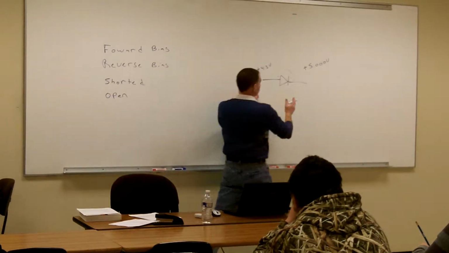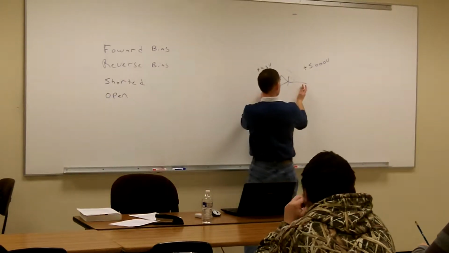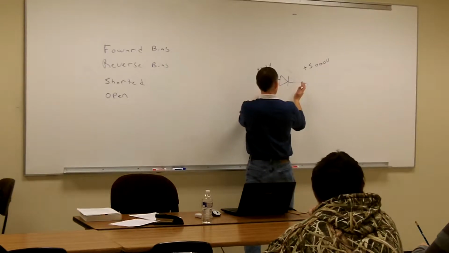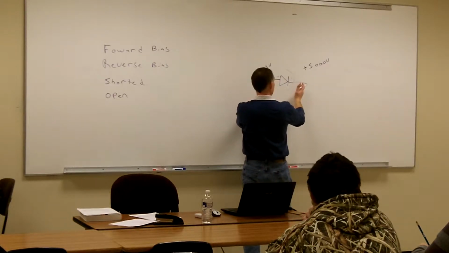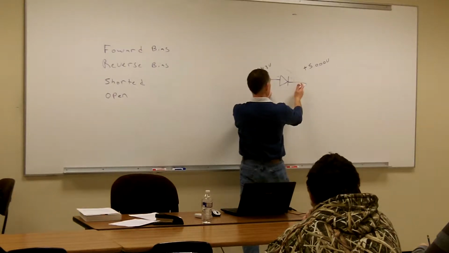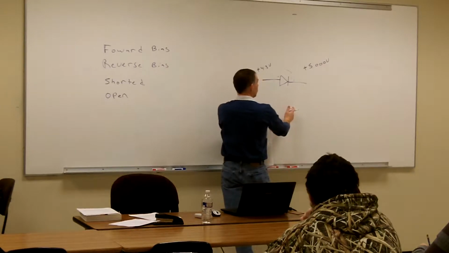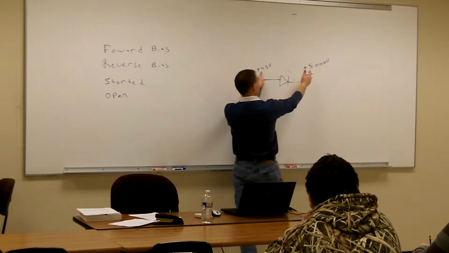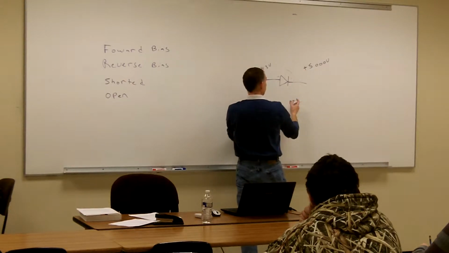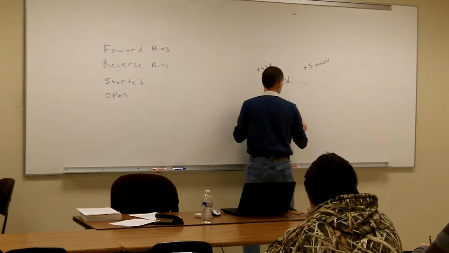So if I measure my voltage across this diode, if I put a lead on each side of this diode, my voltage would be what? Just take the difference between these two numbers. 0.7.